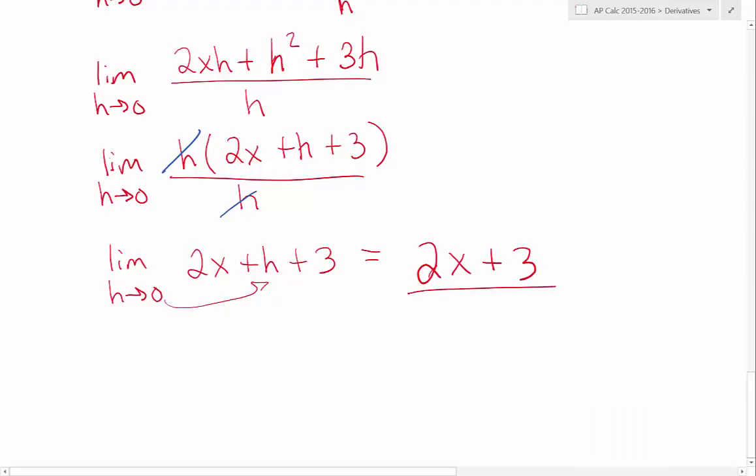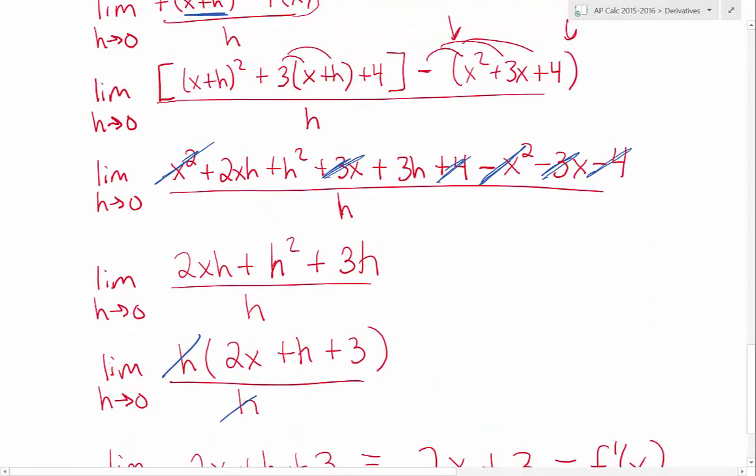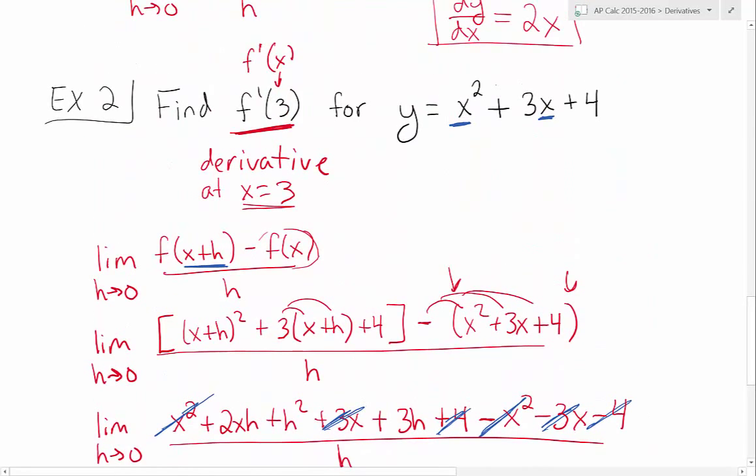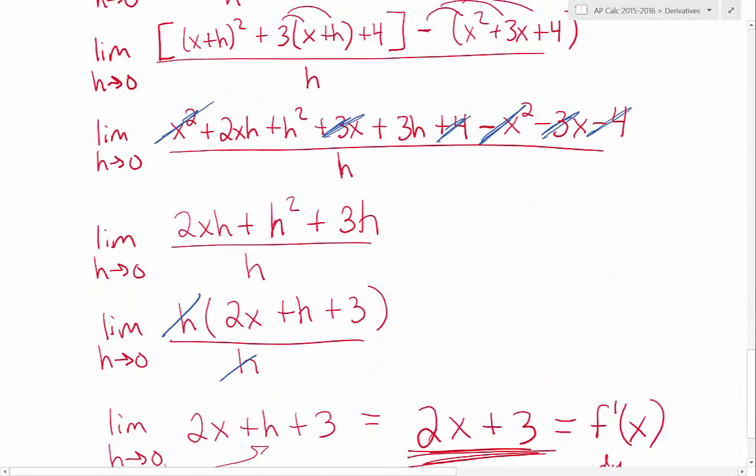And so this right here, it's not our answer, but this is f prime of x, or you could have called it dy dx, or y prime. That's our derivative anywhere on that function. We didn't just want the derivative anywhere on this function, though. We wanted the derivative at x equals 3.